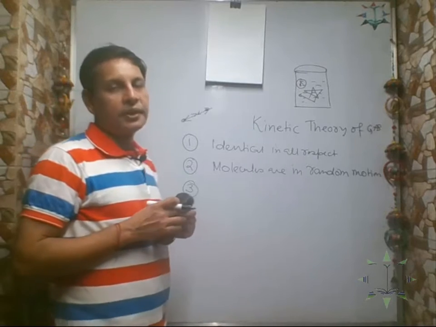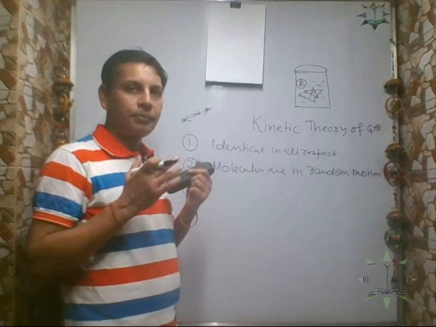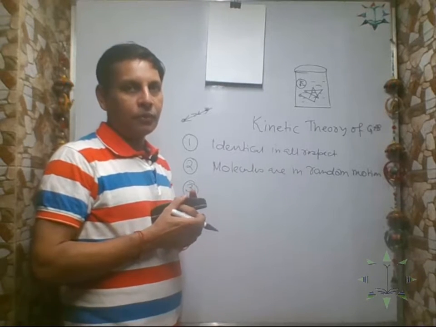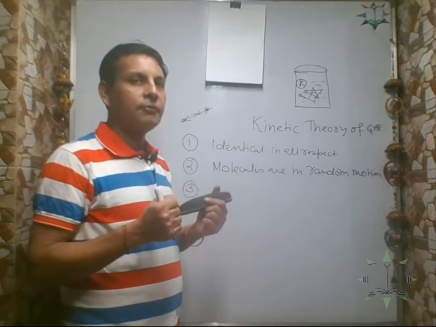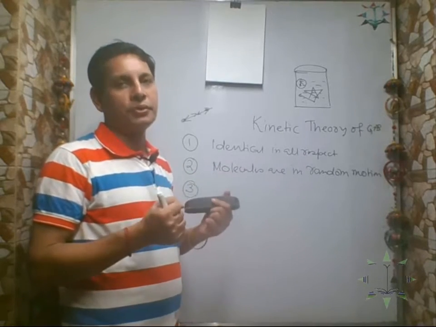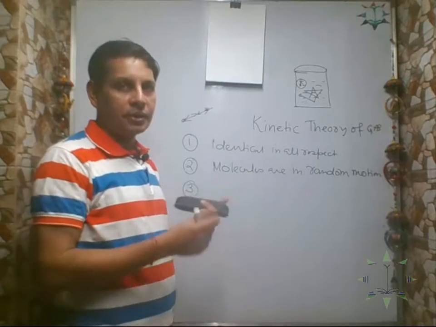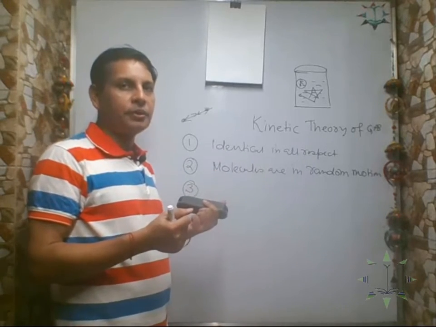So what is potential energy? Potential energy is the energy possessed because of the presence in a force field. Since there is no force of attraction, it was assumed that there is no force of attraction between the molecules.